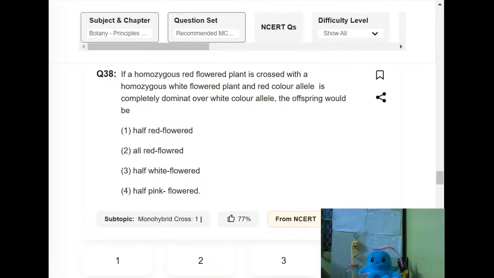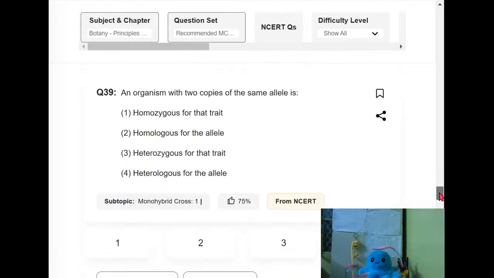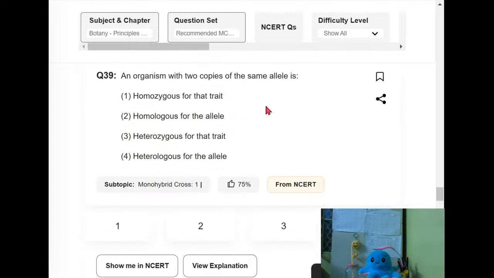Red color allele is completely dominant. All red flower. An organism with two copies of the same allele is homozygous for the trait.